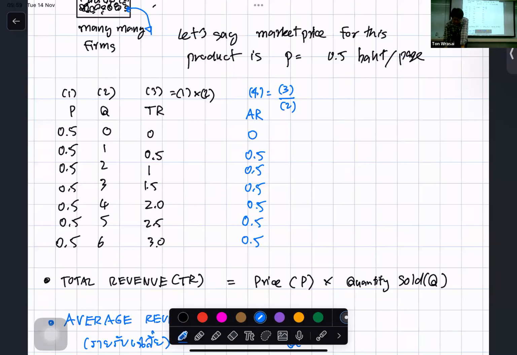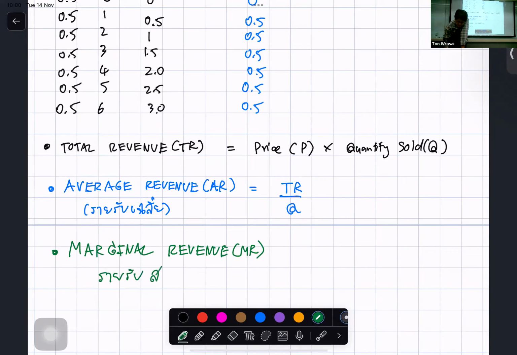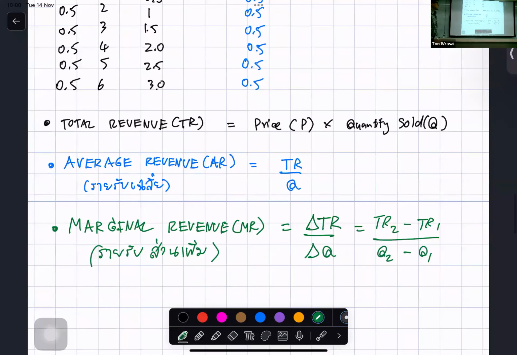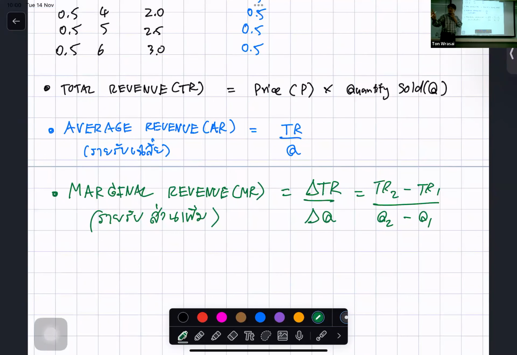Next, third term: marginal revenue, MR. Marginal revenue is about extra revenue when we sell an extra page.